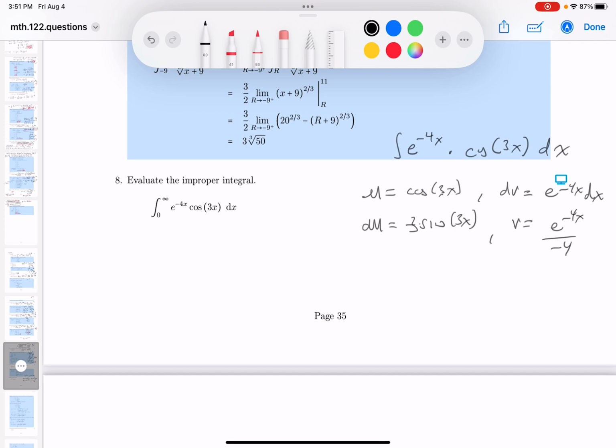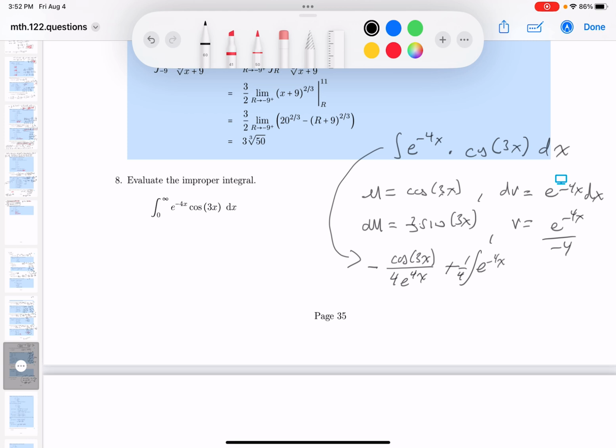So if I were to do this guy over here, I know it's a lot of work up front, but I can write this down. It's going to be minus, let's take a careful look at this. I got a 4 here, e to the 4x here. That's the v, and the u is cosine 3x. Minus v, well, that's going to be plus. I'm going to pull a quarter out, and I get e to the minus 4x.